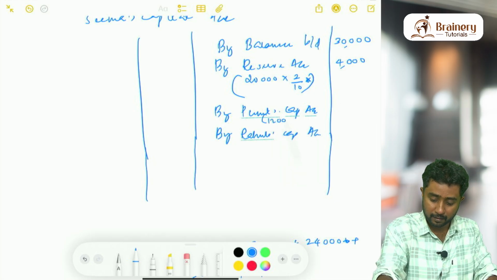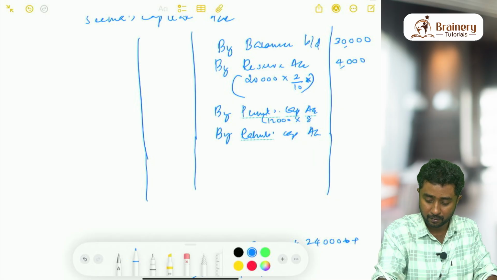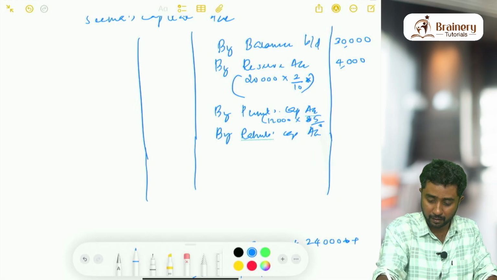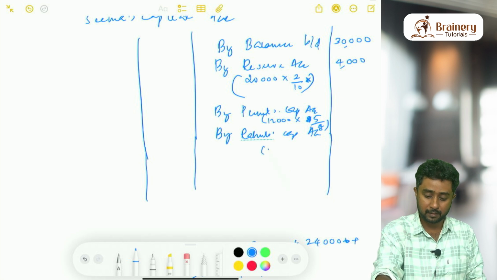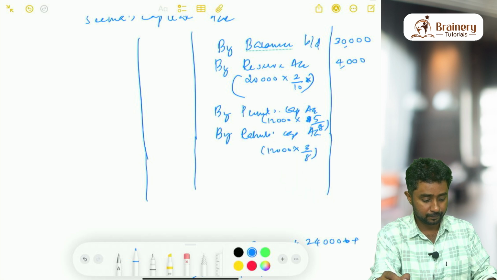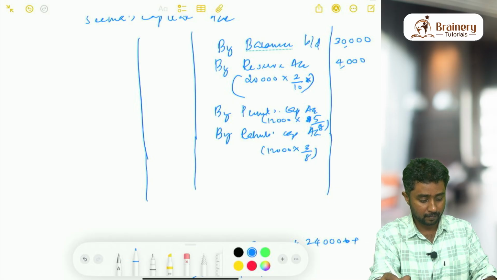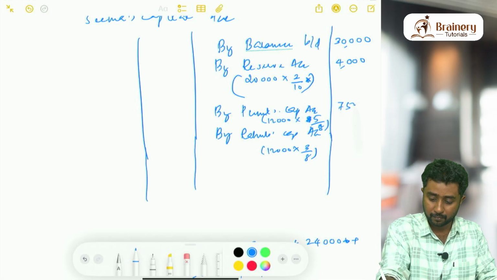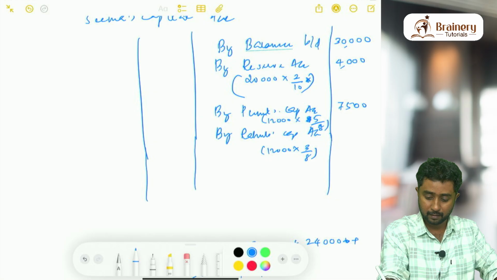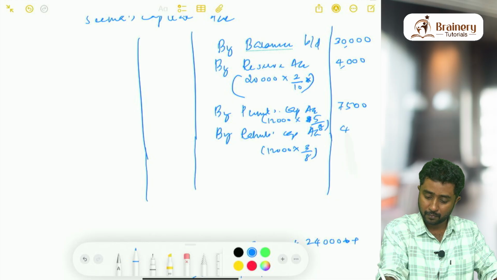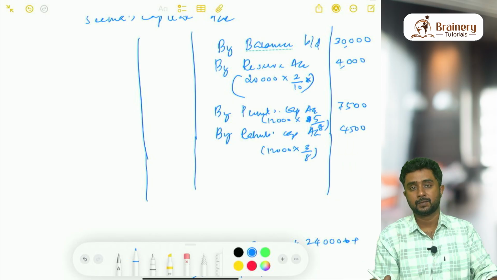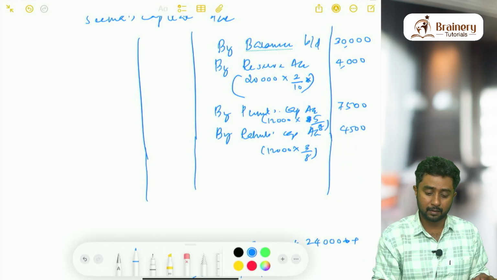Puneet, 12,000 into 5 by 8. Why 5 by 8? Because the gaining ratio is 5:3. Similarly, 12,000 into 3 by 8. 7,500, and Rahul will be giving 4,500. This is the entry for that. So we have recorded the goodwill also.